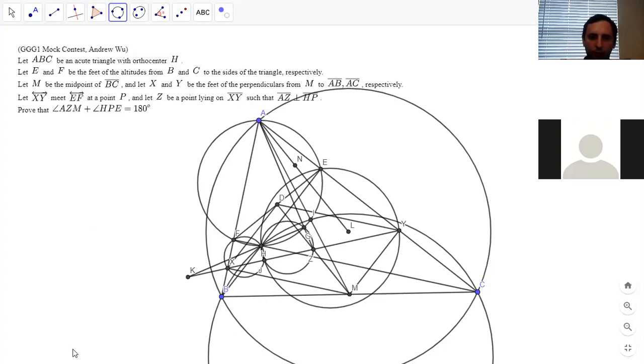So we want to show FJZE is cyclic. Could we do some kind of homothety since X is the midpoint of FB? Maybe use the gliding principle or something. Like what if we did a homothety of that circle about D? Yeah, let me think about this. If FJZE is cyclic, that solves it. If that were true, would D be the center of that circle?